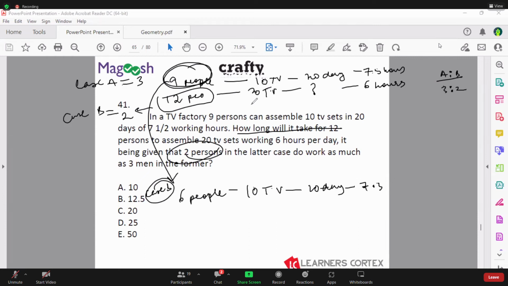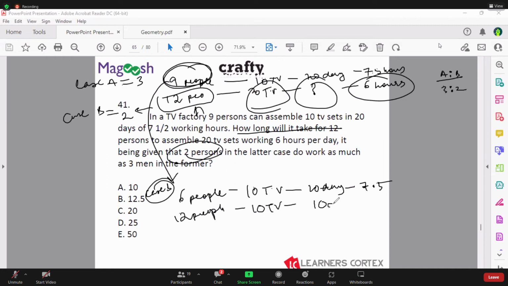Now we just have to change these variables. The question was asking about 12 people. So if we double the number of people, the time gets halved. If it is 10 TV sets itself, the time becomes half.